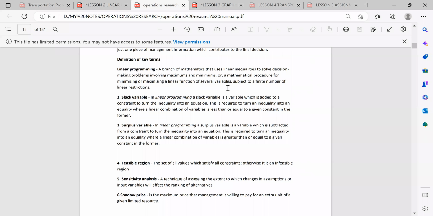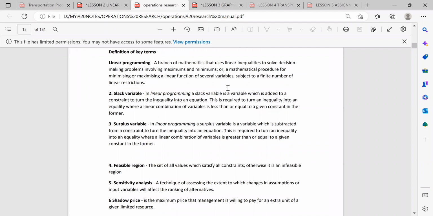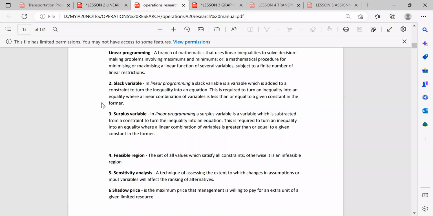I want you to look at these terminologies as used in linear programming. I want you to look at what we call a slack variable. In linear programming, a slack variable is a variable which is added to a constraint to turn the inequality into an equation. Like when we were plotting the graph, we had to relax the inequality. For that, there must be something you do for the inequality to disappear.